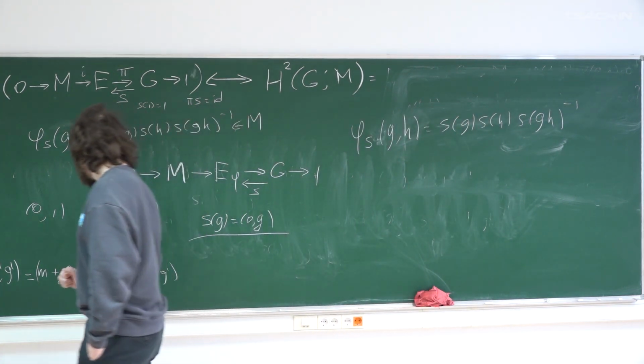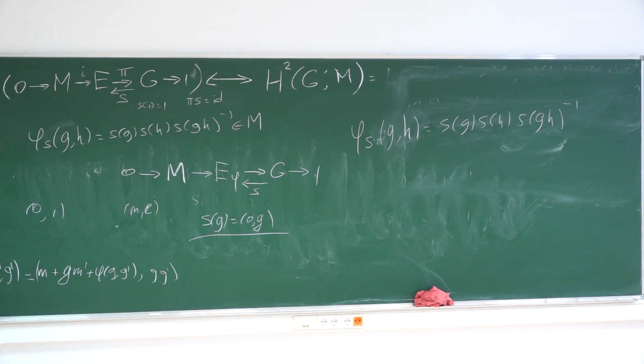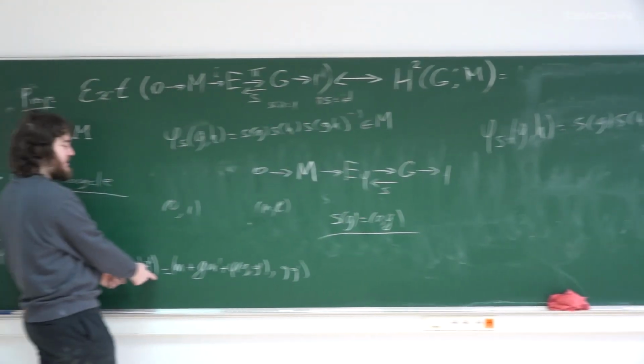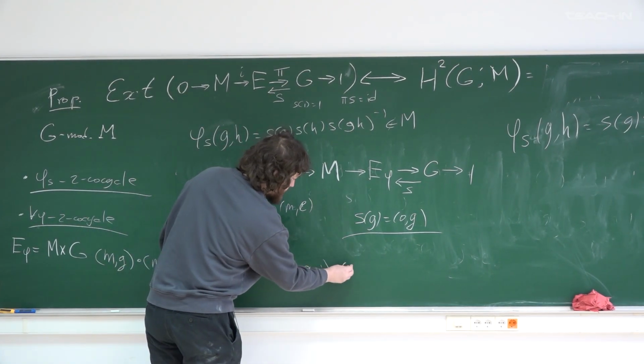What is the inverse in this group? You can do this directly by definition. Again, if we believe that this is a group, you need to solve the equation: given an element, find another element such that this product is 0, 1.